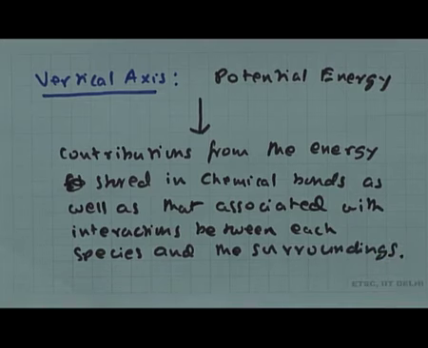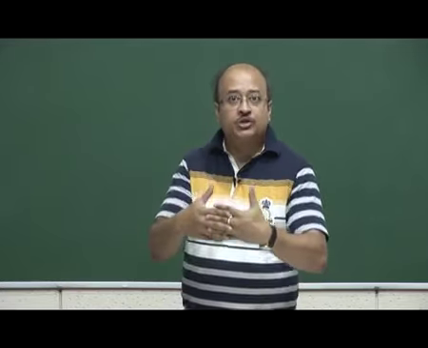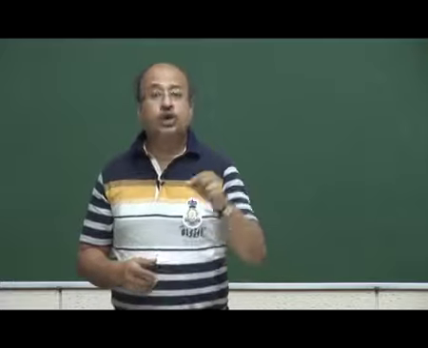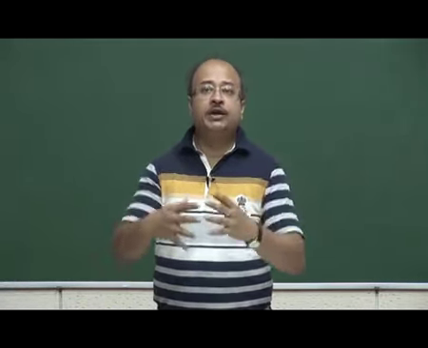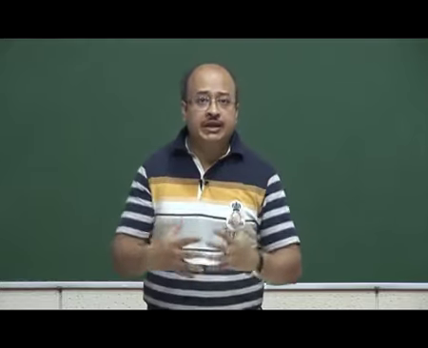Again, so the vertical axis is what? The vertical axis represents the potential energy, and what is the potential energy composed of? It is composed of the contributions from the energy stored in chemical bonds. So, if you have a bond which is being broken and a bond which is being formed, then there is an energy stored within the bond. Not only that, if two reactants are coming and interacting with each other, there is also some interaction energy coming in.